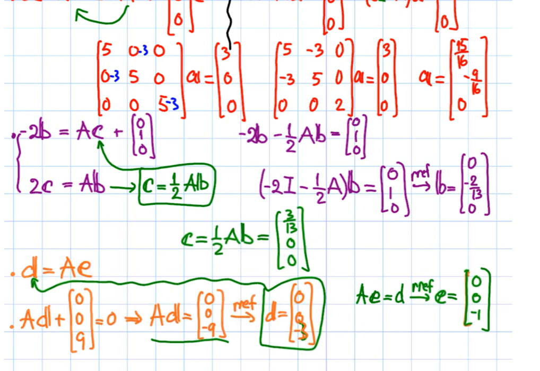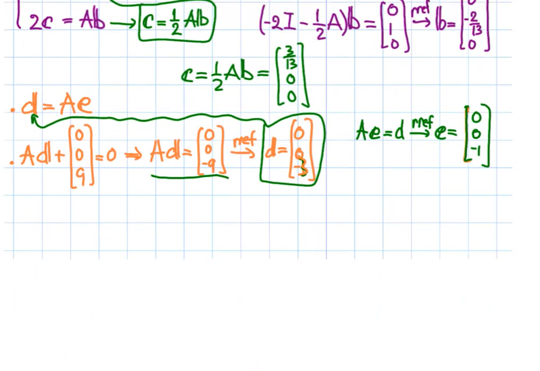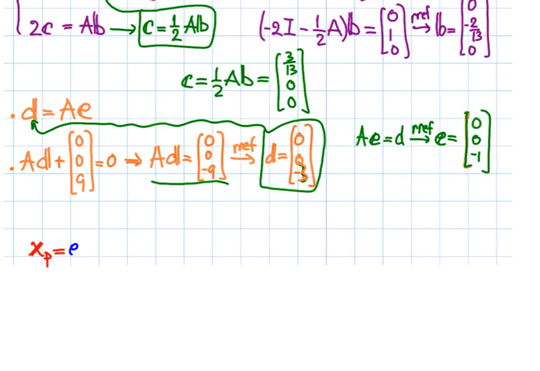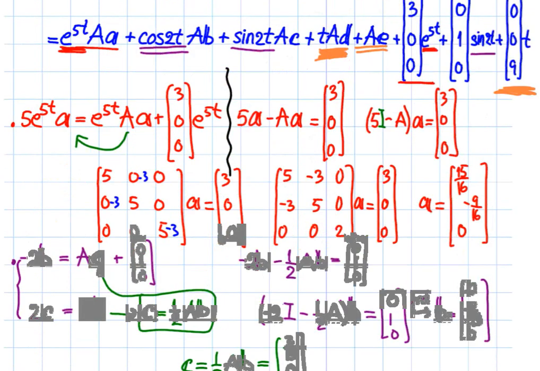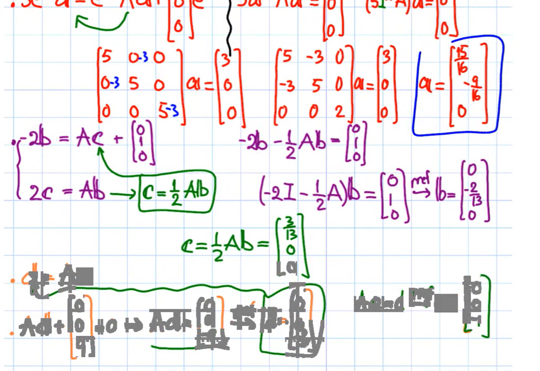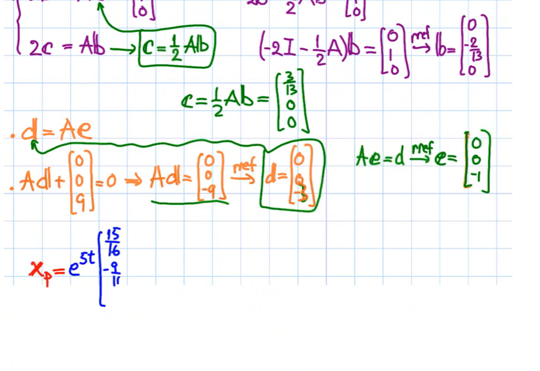And then put all together, we have the particular solution. Right. So first will be e to the 5t times the vector A. What is A? Right, 15, 16, that is A. Negative 9 over 16 and 0.